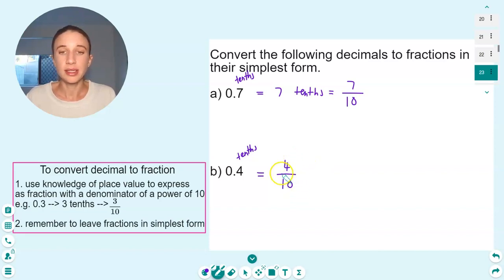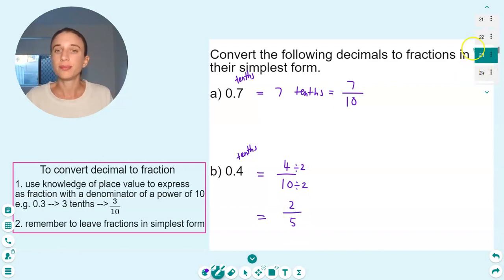Yes, there are, because these are both even, so they have 2 as a factor. What we do to the numerator, we must do to the denominator. 4 divided by 2 is 2, and 10 divided by 2 is 5. That looks like it's in simplest form, with no common factors between 2 and 5.